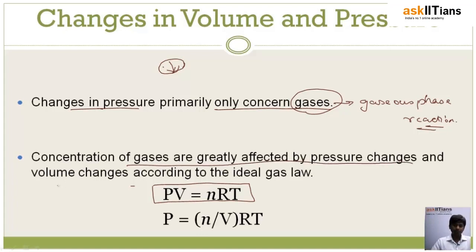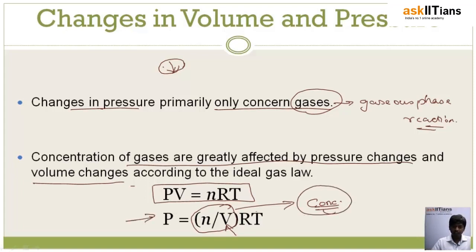The pressure changes and volume changes. So both pressure and volume changes are going to affect the concentration of the gases. So this n by V is what? Moles per liter. Basically n is moles and V is in liters. Can I say it is concentration then? So a change in volume is going to affect concentration.